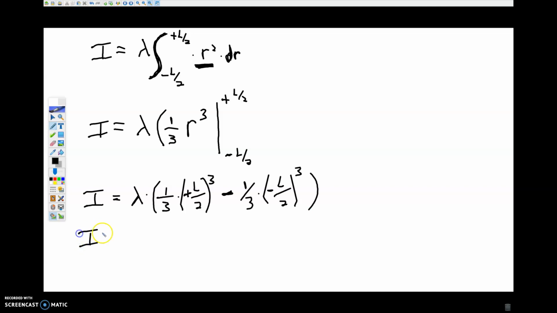So I equals lambda times 1/3. L over 2 cubed is going to be L cubed over 2 times 2 times 2, 8.